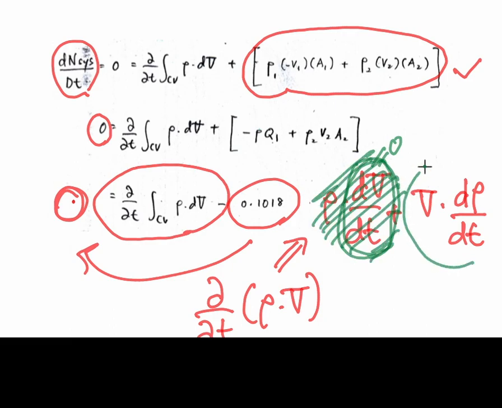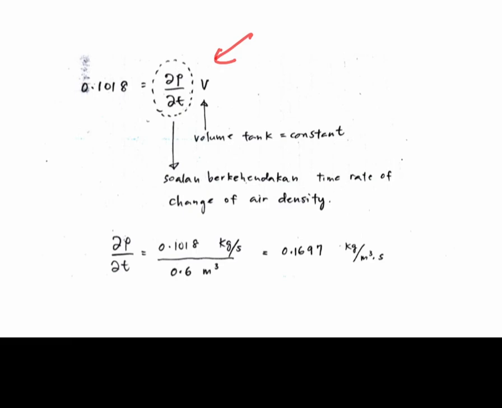Now we only have volume times d rho/dt in our calculation, and the volume here is constant.